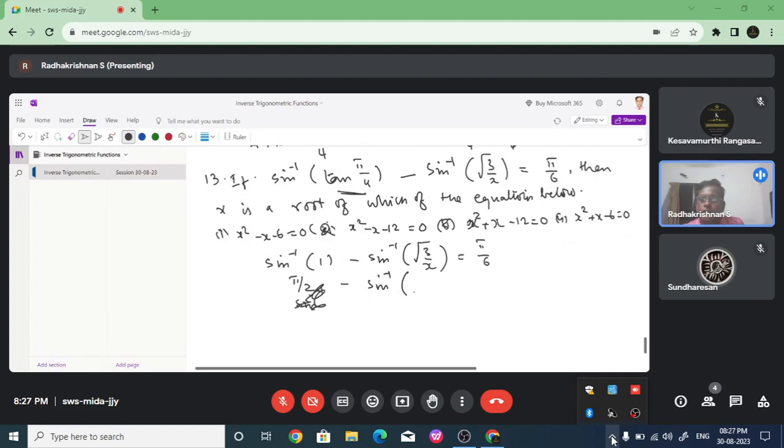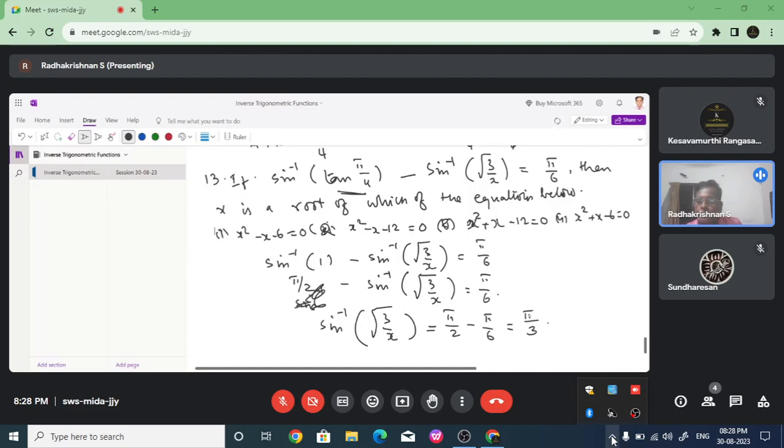Sine inverse of root 3 by root x. So what is sin inverse of root 3 by root x equal to? I'm taking sin inverse on this side, so pi by 2 minus pi by 6. Pi by 3, yeah?